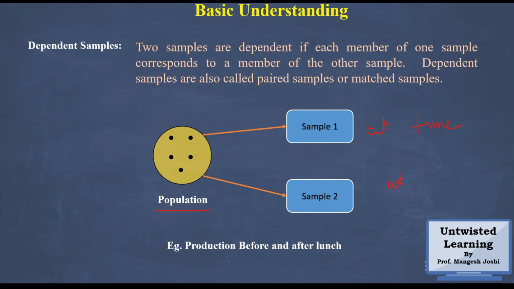So this is a dependent sample because the population is shared between the two samples. For example, if you want to test the hypothesis for production before and after lunch hours, this is the case of a dependent sample.